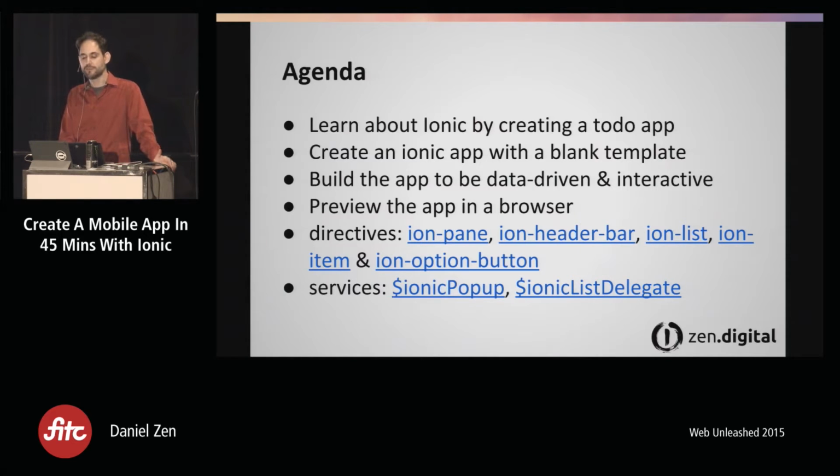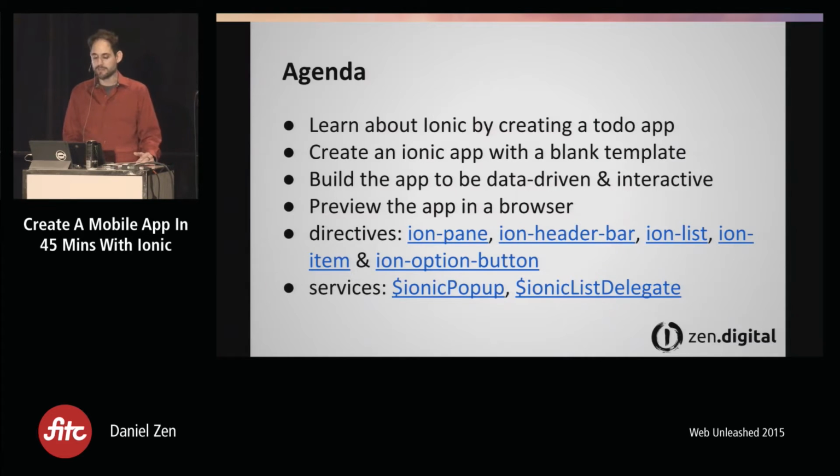So it's going to be data-driven. It's going to be interactive. We're going to be able to preview it in the browser, but like I said, I'm going to be using Ionic Lab, which you guys could download. It's a great little customized version of Chromium. And we're going to be using directives that come with Ionic, such as Ion Pane, Ion Header Bar, Ion List, and Ion Item.